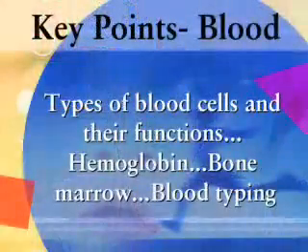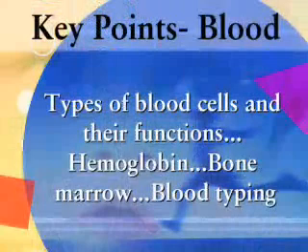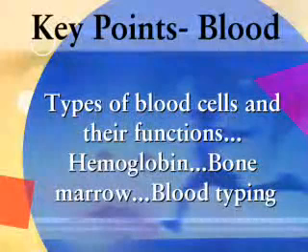So in the summary, again, we talk about the type of blood cell. We're going to remember the red blood cell. We talk about the white blood cell, the platelet. And again, very important, don't forget that the white blood cell and the platelet are in a liquid component that's called the plasma.